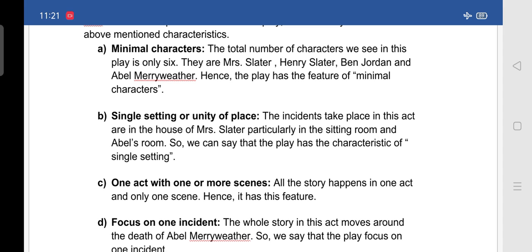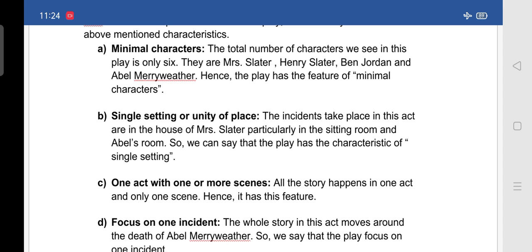The story is completely in the house of Mrs. Slater, so we can say that the play has the characteristic of single setting.